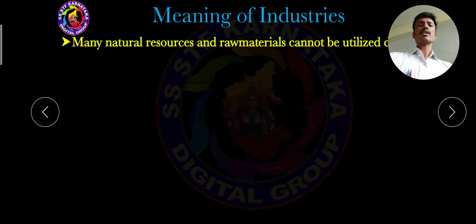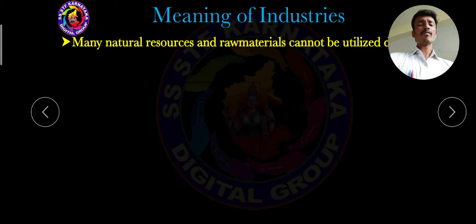Many natural resources and raw materials cannot be utilized directly. Nature provides important natural resources, but it is highly impossible to use them directly. For example, iron ore. We are not using it directly.